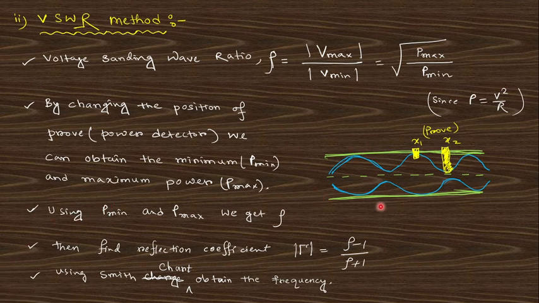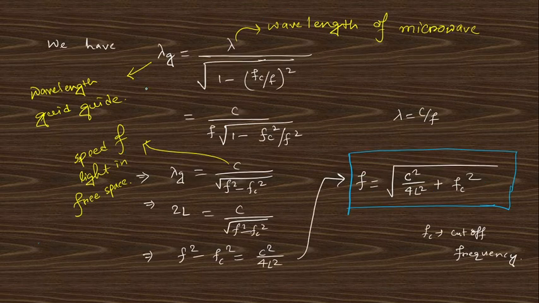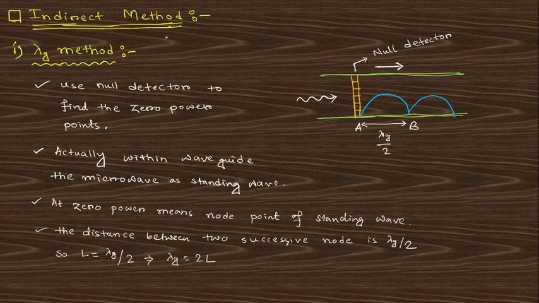So in this method we measure the power, and in this method we measure the length, not frequency. That's why these are called indirect methods.